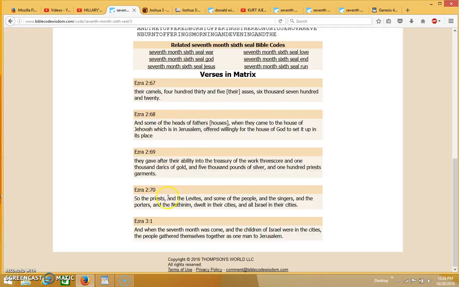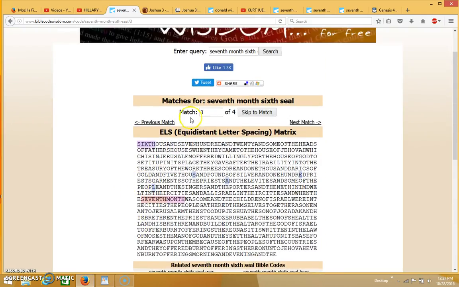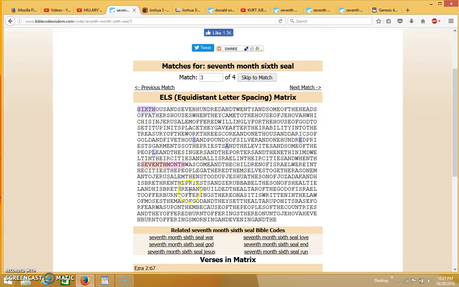But as far as the matrix, I'm just going to start reading from about chapter 2, verse 70, and chapter 3, verse 1, because I believe these two verses are the most significant in terms of what we're searching for here at the top.